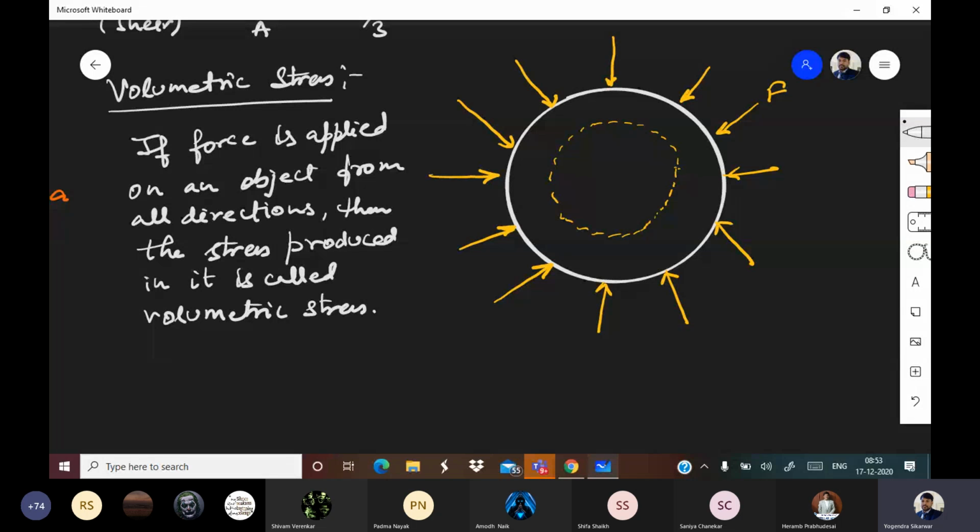Okay. Amod is saying put in water, heat. By heating, how are you going to exert volumetric stress, Rishikesh? By heating, how are you going to produce volumetric stress?